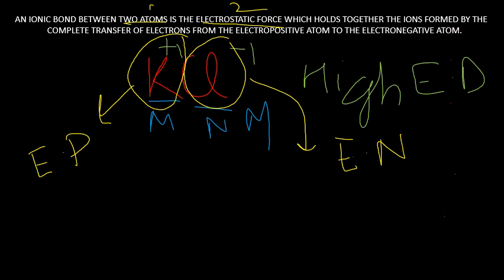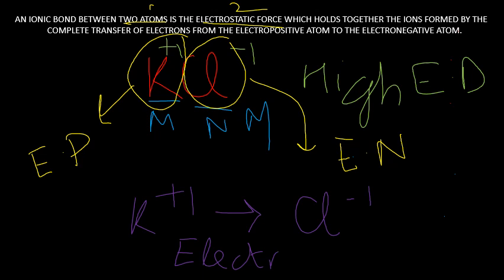So K with its +1 charge is attracted to Cl with its -1 charge by something which we call the electrostatic force. So this would work for any ionic compound. Basically, this is how ionic compounds are formed.